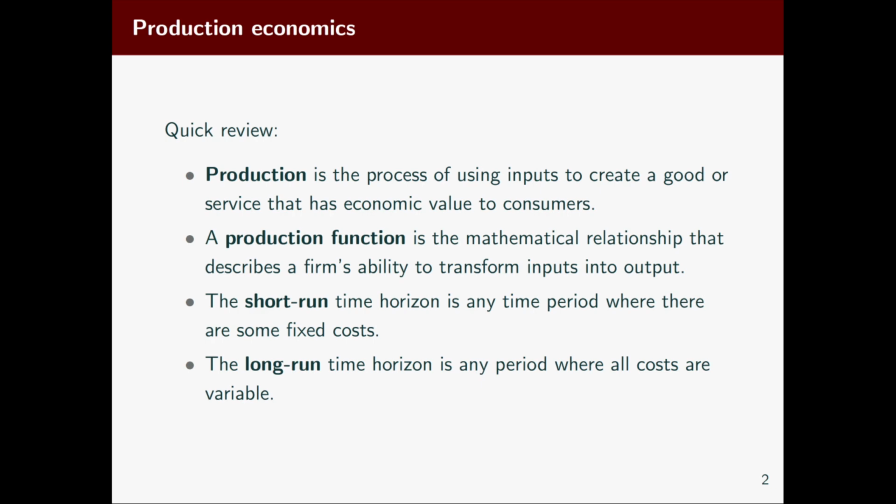So if you're producing something, anything that somebody values, that process is production, simply put. A production function is the mathematical way that we represent that process. So there is a specific mathematical function that transforms inputs into output.